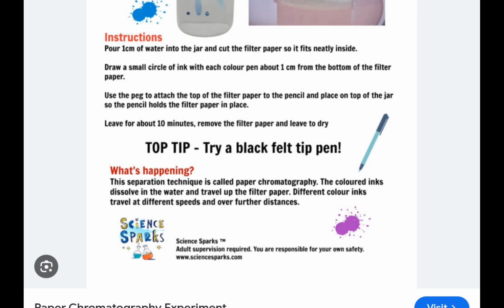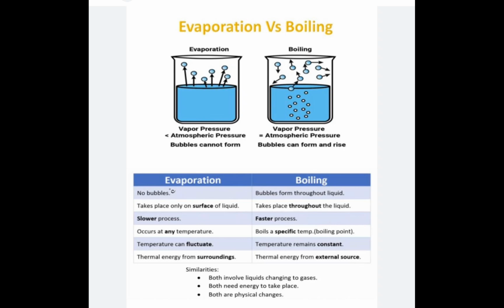The colored inks dissolve in the water and travel up the filter paper. Different color inks travel at different speeds and over further distances. In chromatography, what happened, friends? Separation of colors, it happened. So, evaporation.